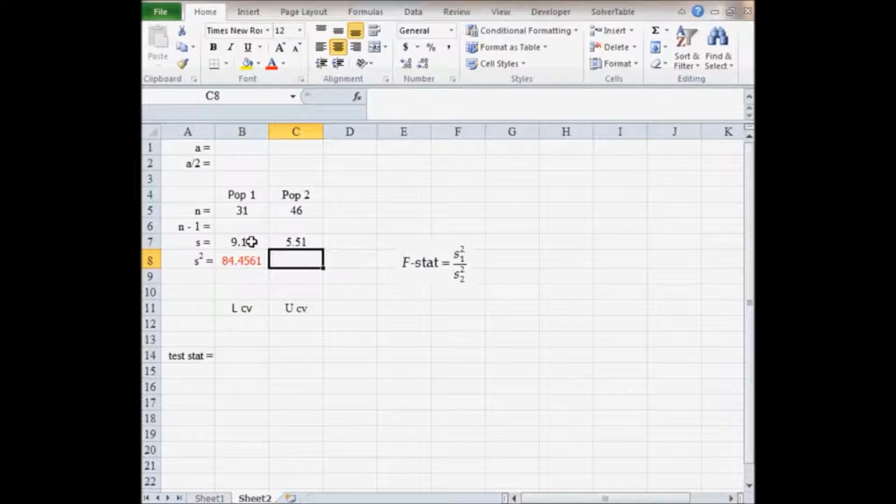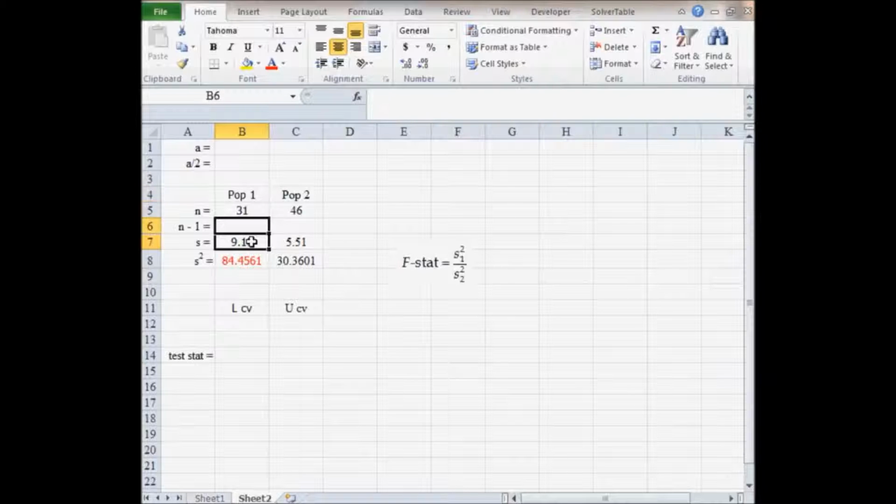I found that by squaring the sample standard deviation. The smaller sample variance is found by squaring the smaller sample standard deviation. The F-stat, remember, is the ratio of the bigger sample variance divided by the smaller sample variance.